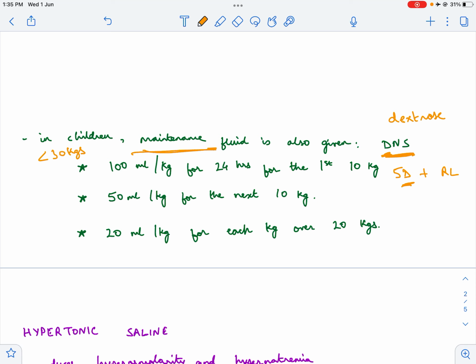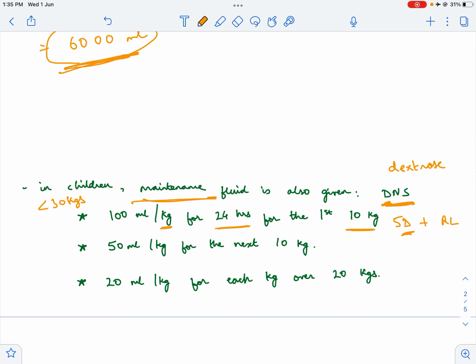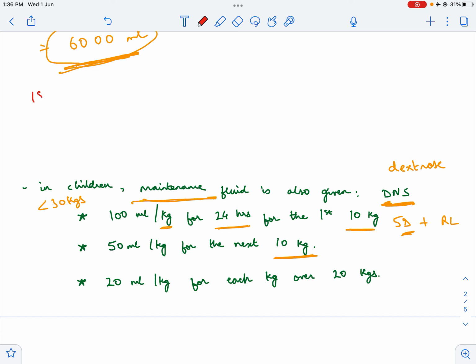This maintenance fluid is again decided on the body weight. So you will give 100 ml per kg for 24 hours for the first 10 kgs. So our child is 30 kgs. So first 10 kgs, next 10 kgs and over 20 kgs.